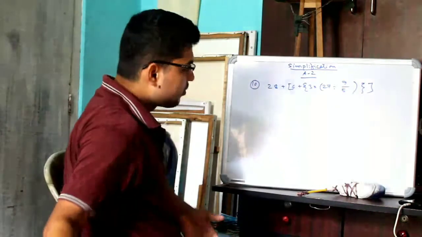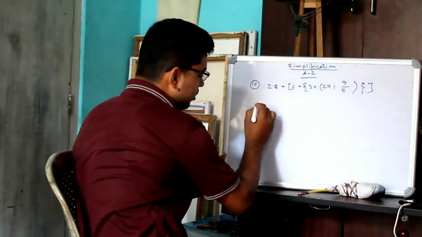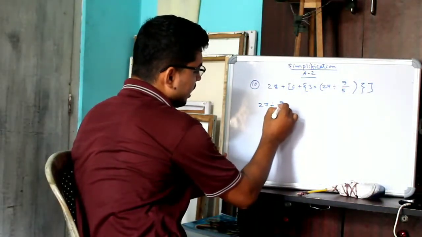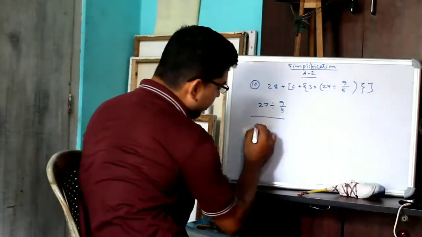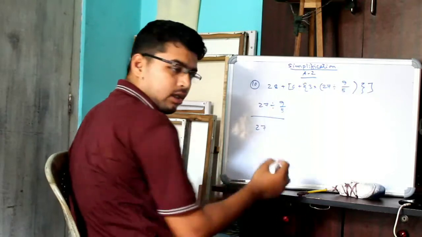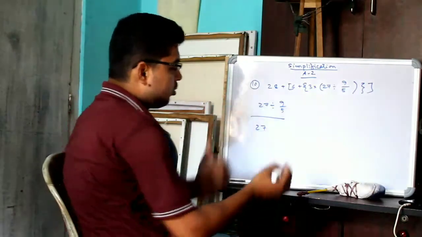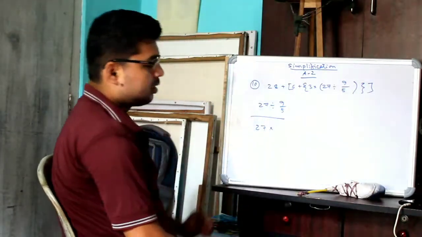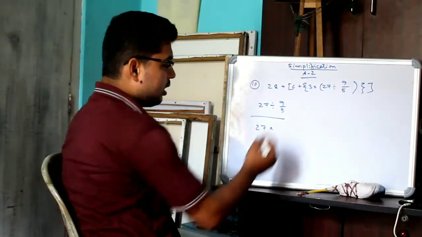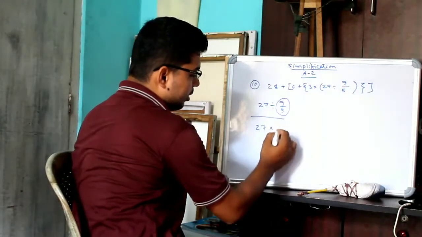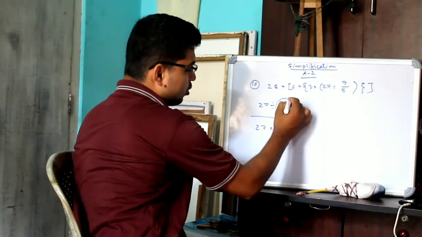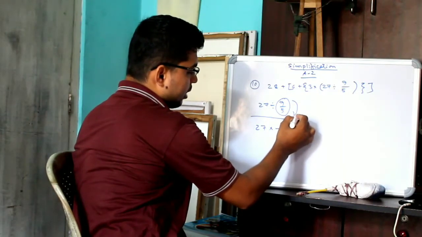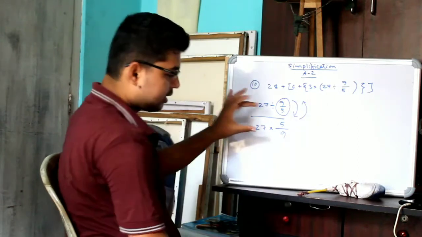You can see 27 divided by 9 by 5. You do it fast, but how? So for 27 divided by, you just change the division sign to multiply, and for 9 by 5 you put 5 upside and 9 downside. So just exchange their positions.